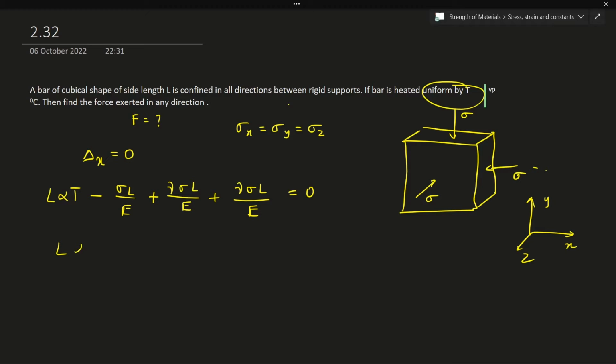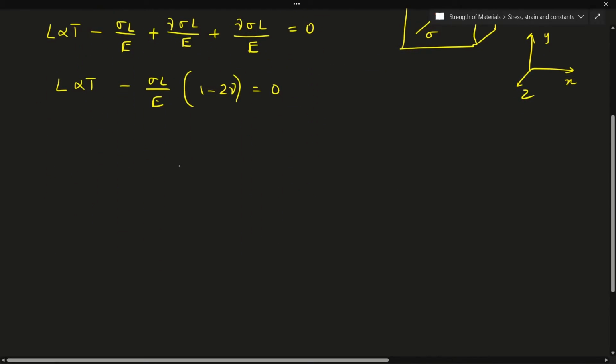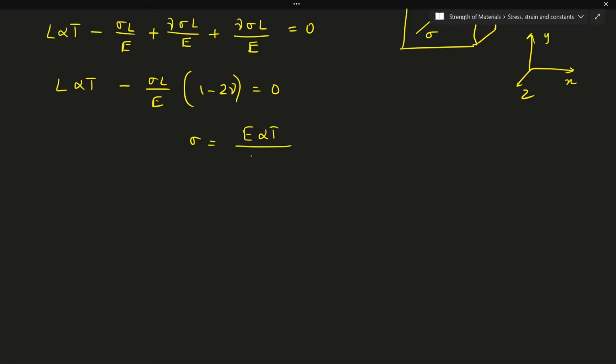Now if I take L alpha T minus, I'll take sigma L by E as common, I'll have 1 minus 2 nu equal to 0. So now if I calculate the value for sigma, sigma will be nothing but E alpha T divided by 1 minus 2 nu. So now what is the pull?